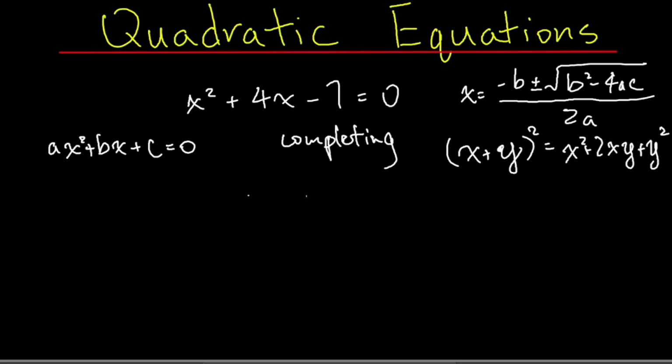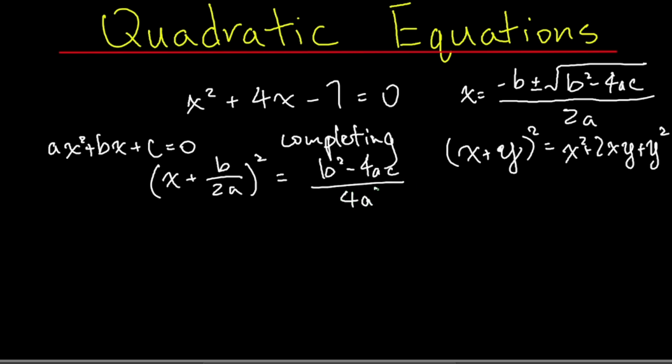Okay, so I just went ahead and cleared some of the space so we have more room. Now remember, we were left with (x + b/2a)² = (b² − 4ac)/4a².